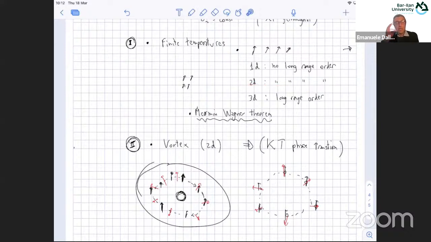That was the theorem. You can think of this theorem as saying that you can have many vortices. Every vortex sort of messes up the phase. If you have many vortices, then the phase looks random to you. So the fact that you can have more and more vortices is related to the absence of long-range order.